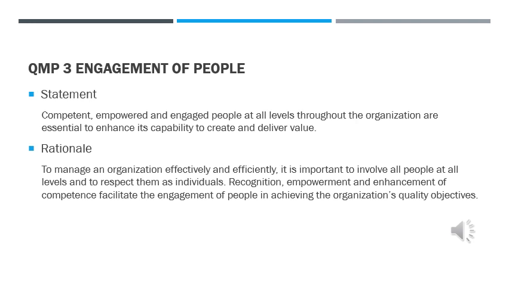The rationale behind this is that to manage an organization effectively and efficiently, it is important to involve all people at all levels and to respect them as individuals. Recognition, empowerment, and enhancement of competence facilitate the engagement of people in achieving the organization's quality objectives.